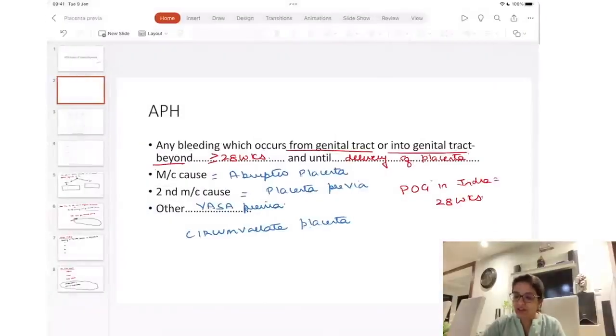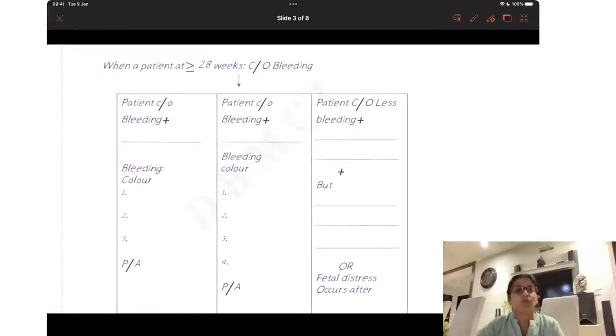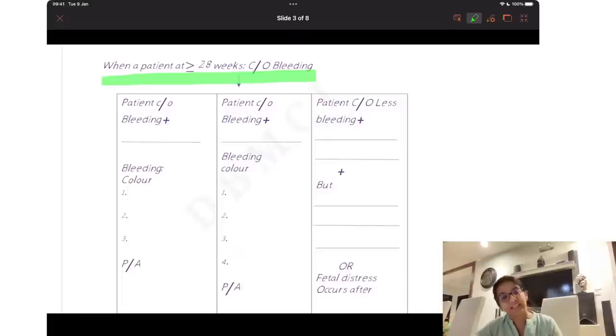Now, whenever a question comes on antepartum hemorrhage and it says that a patient has come to you with bleeding at or more than 28 weeks, most of the times they do not tell you. In your questions they are not going to tell you that this is a placenta previa patient or abruptio or vasa previa.